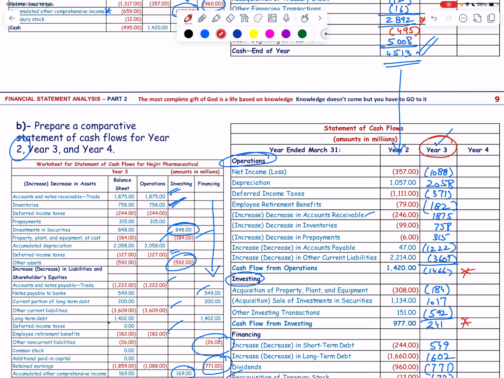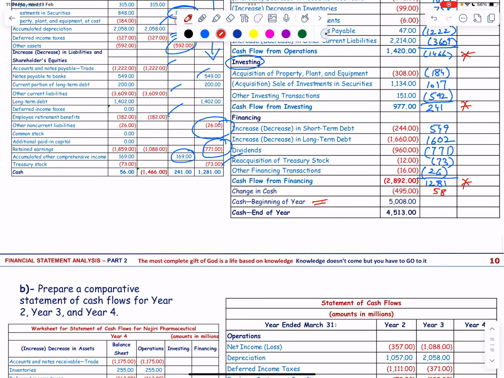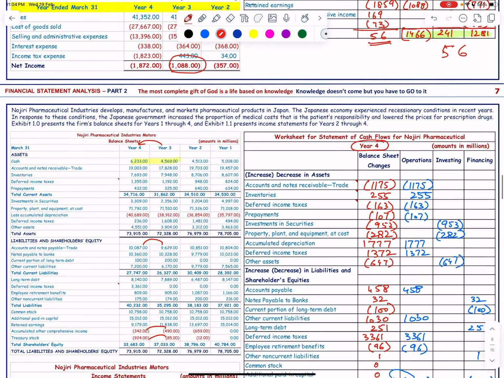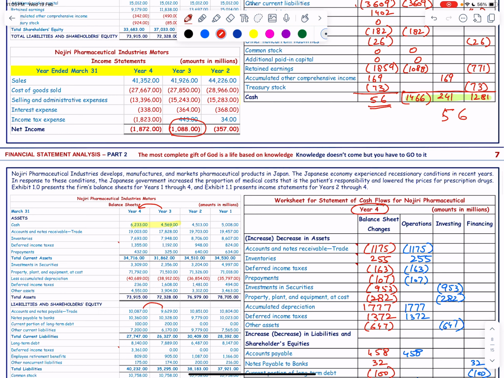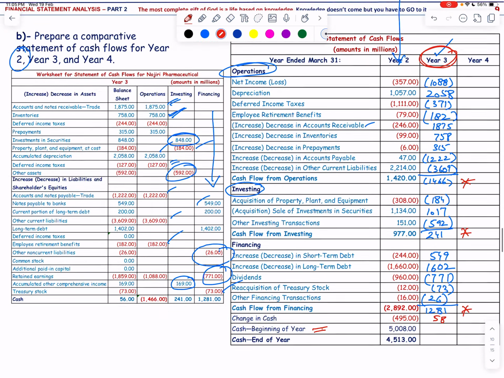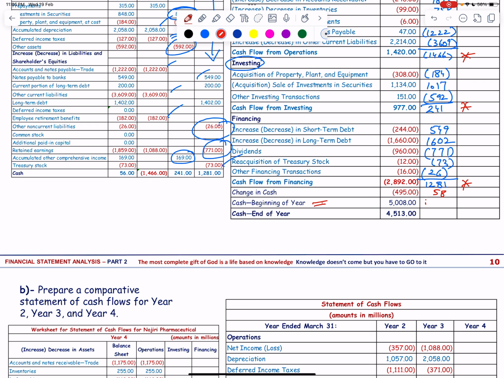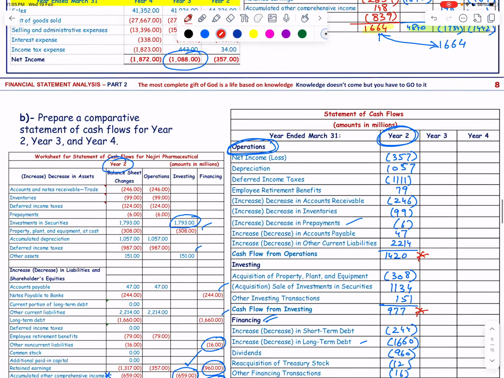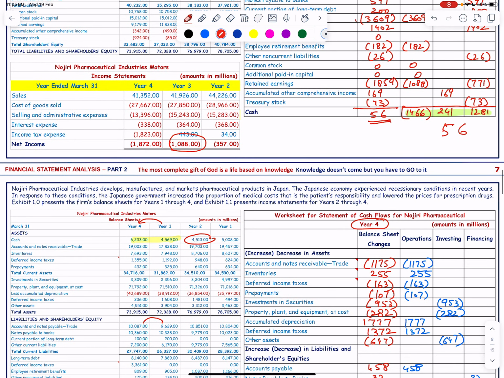So the beginning cash balance for year number 3 will be the ending cash balance for year number 2, and that was 4513. So we come over here, we have 4513, and when we look at the change, the cash at the end of year number 3 will be 4569. We can look back over here for the ending cash balance for year number 3, that is 4569.